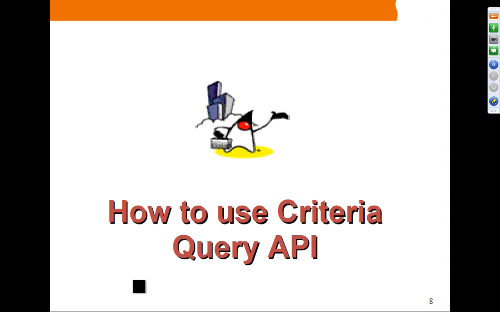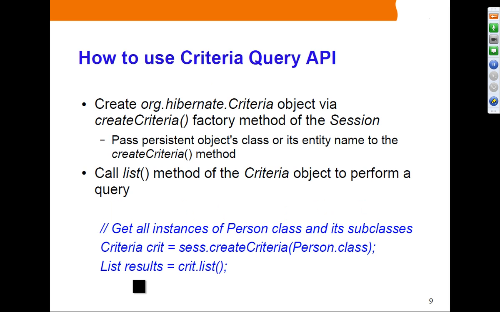So let's see how we can use the criteria query API. First, you are going to create a criteria object, and you can create it from your session object. From the session object, you call createCriteria and provide the class on which you want to perform the query operation.